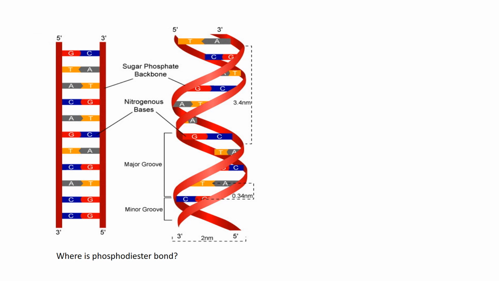They only cut the phosphodiester bond present in the sugar phosphate backbone of DNA. And the exonuclease breaks either at the 3 prime end terminal or the 5 prime end terminal.